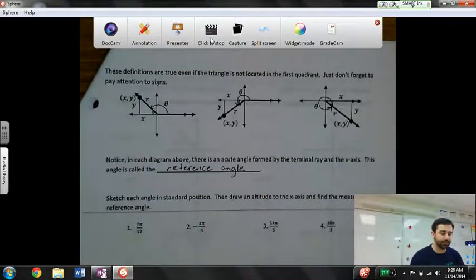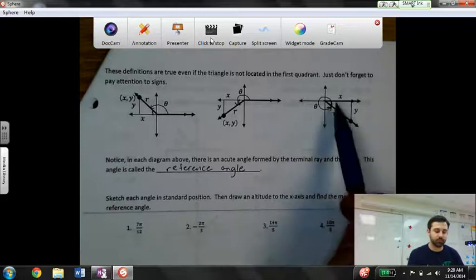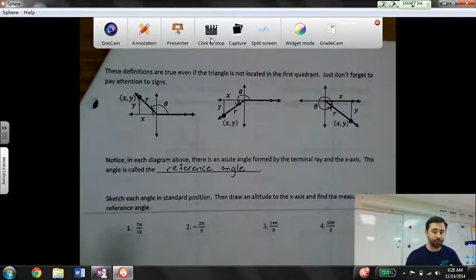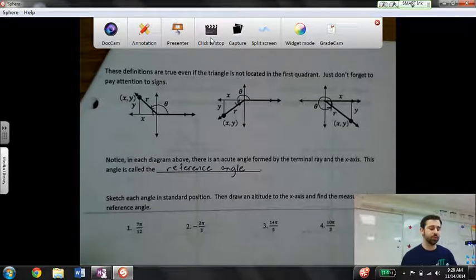And we're able to use the reference angles to find different angle measures as marked by an angle arc. So with angle measurements, we also learned a new measurement called radians. So we should be able to draw an angle in standard position in radians or degrees and identify the reference angle by dropping an altitude. So let's look at an example of what that means.